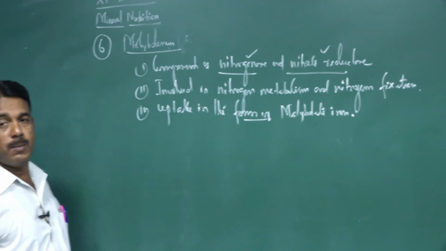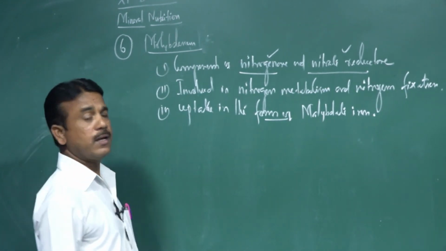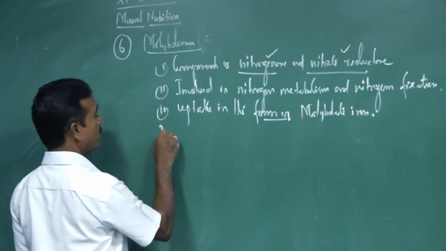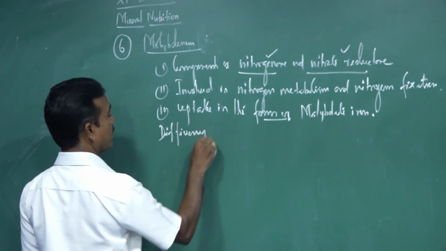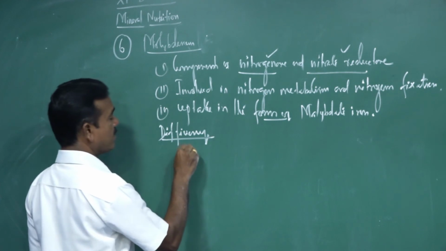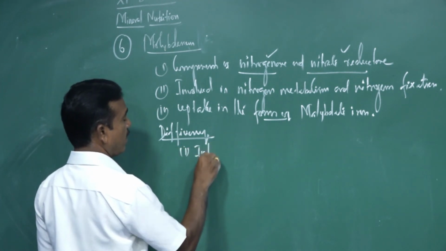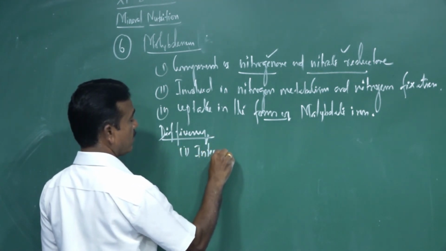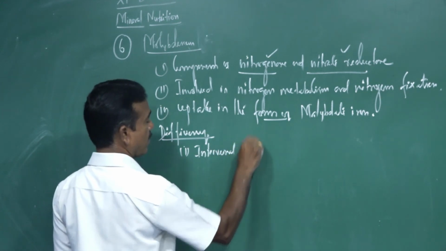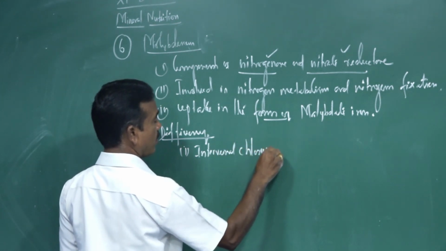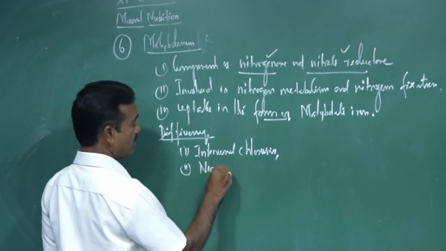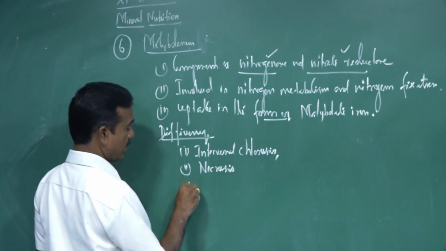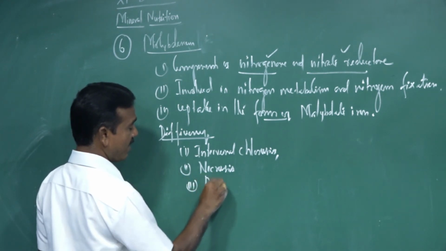If molybdenum is lacking in the plant, it causes deficiency. That is commonly called interveinal chlorosis. Then second one, necrosis. Third one, delayed flowering.